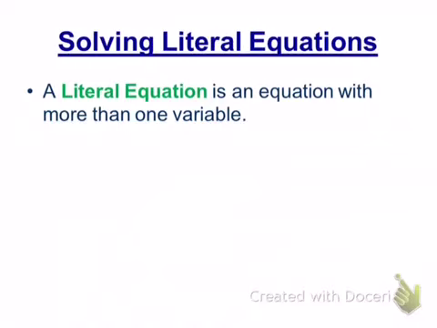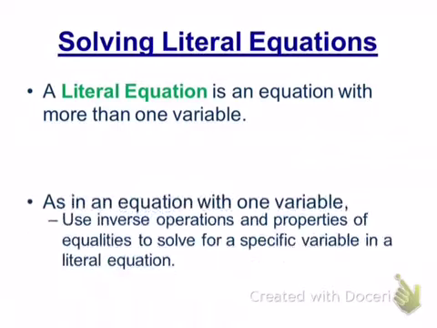What's the formula for the area of a rectangle? Area equals length times width. How many variables are in there? 3. 3 variables. Yes. Okay. They're all changing based on the other ones. Now we can make one the dependent and the independent. You know, we're not talking about all that kind of stuff at this point. But there's 3 variables. So this is a literal equation. Formulas are literal equations, and we're going to get to that in just a second.